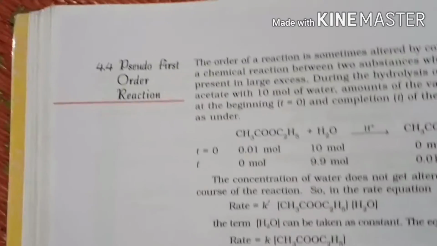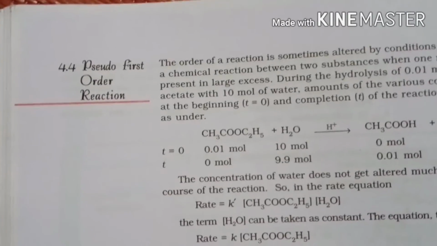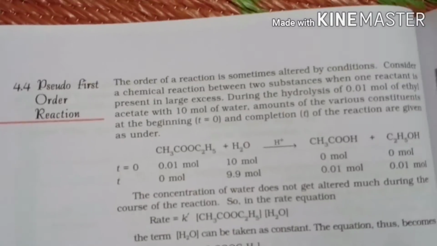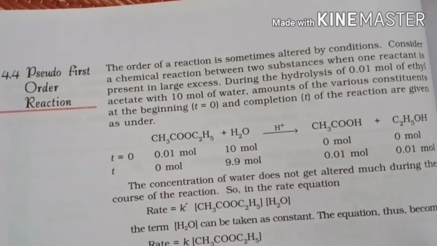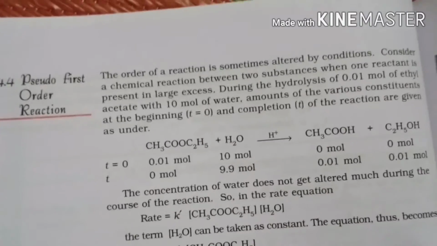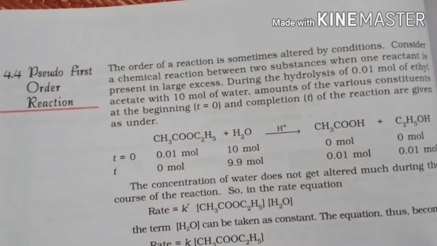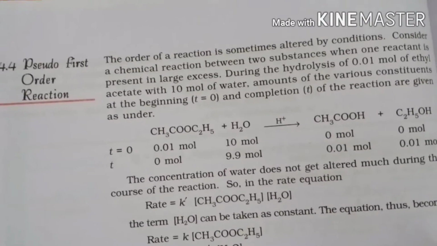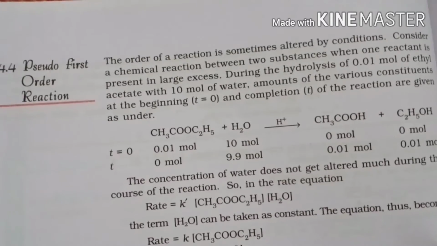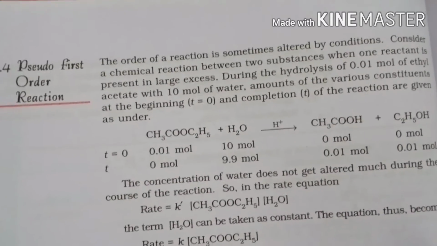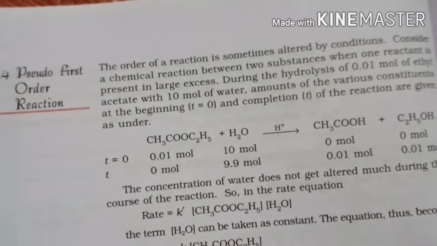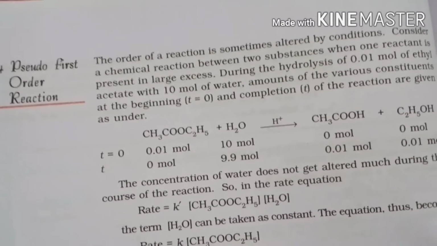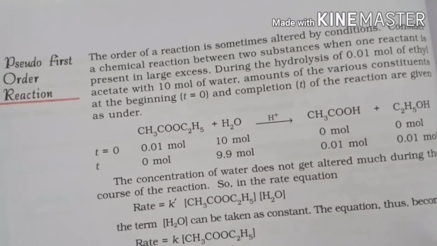Now, pseudo first order reaction. The order of a reaction is sometimes altered by the conditions. Consider a chemical reaction between two substances, when one reactant is present in a largely excess amount, for example during the hydrolysis of 0.01 moles of ethyl acetate with 10 moles of water.